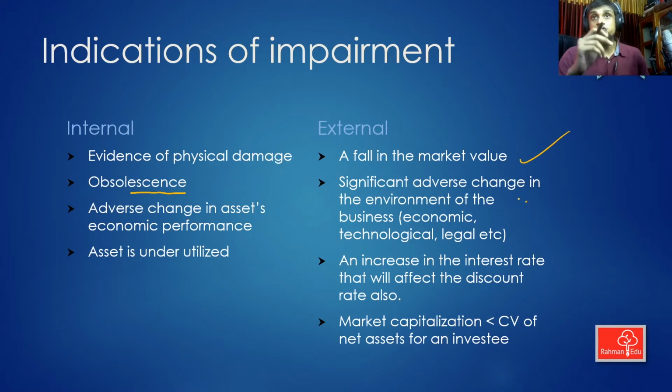Significant adverse change in the environment in which the entity operates or in which the asset is utilized. Say, a technological change that is adverse, or a political change. Yes, political unrest maybe in the USA. Black Lives Matter, that movement is going on.